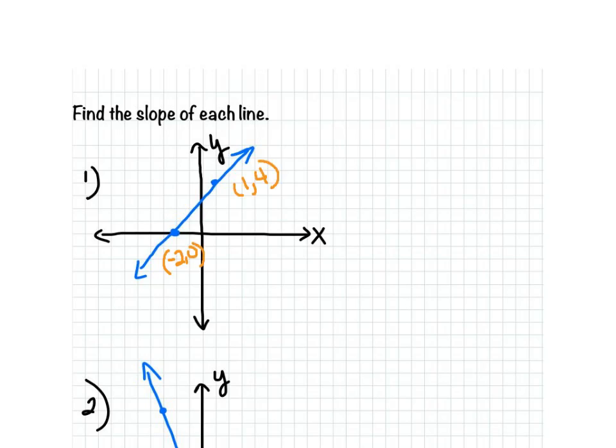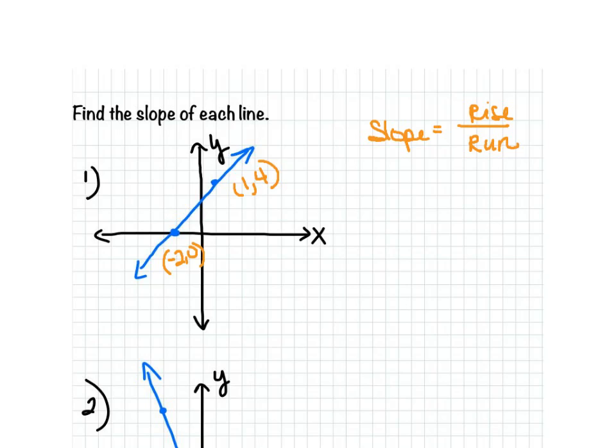Just to remind you of the definition of slope: slope equals rise over run. Slope equals the change in y, the y-axis runs up and down, divided by the run, or the horizontal change.